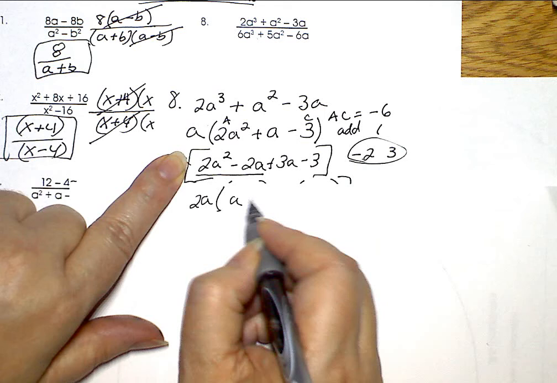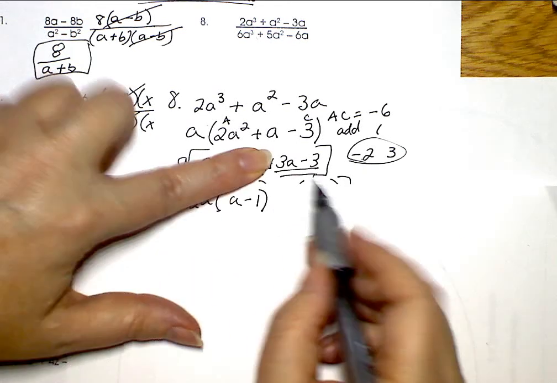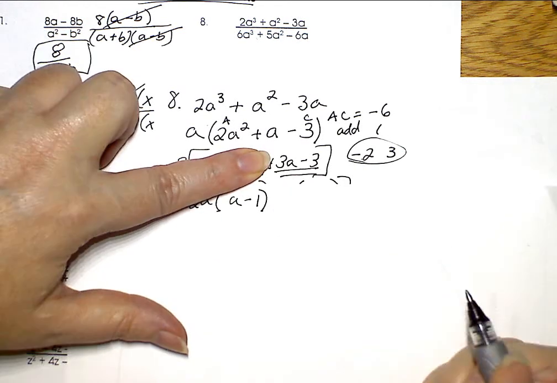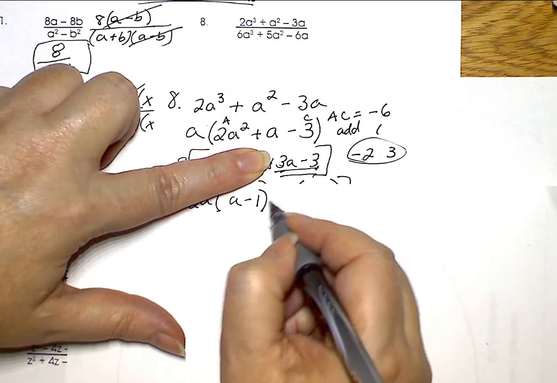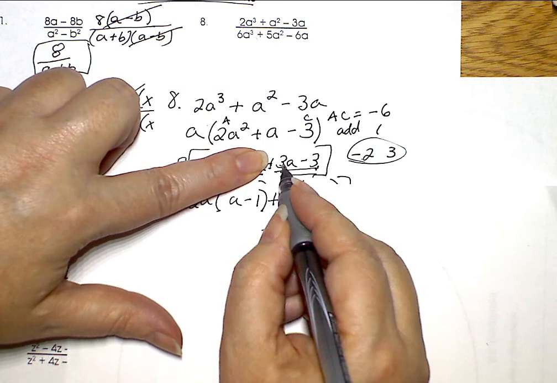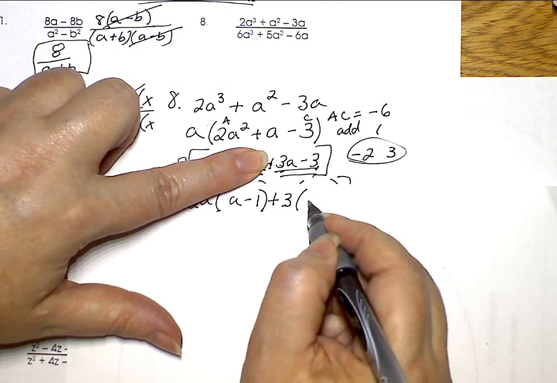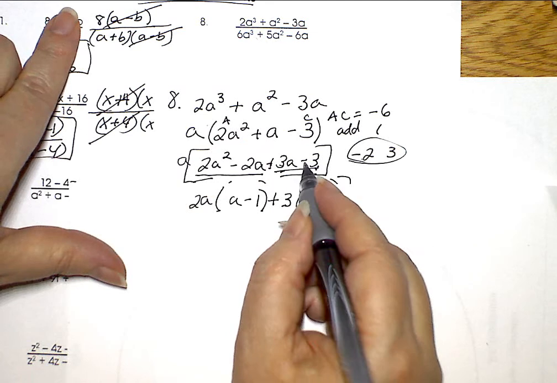Negative 1. Then you look at the next two. What do those two have in common? 3. And you always have the same sign, so we're going plus 3. So 3 times what gives me 3a? 3 times what gives me negative 3?